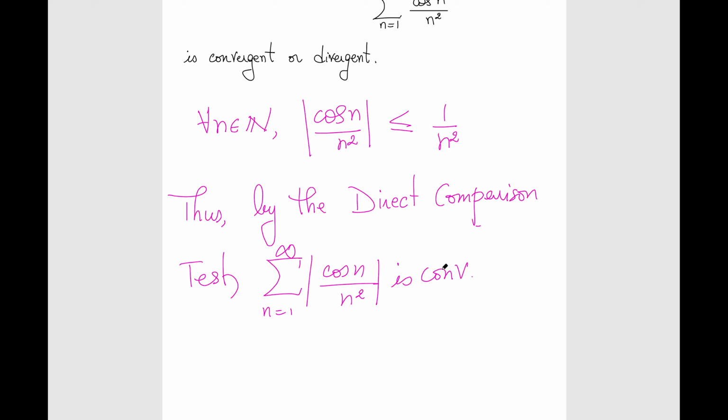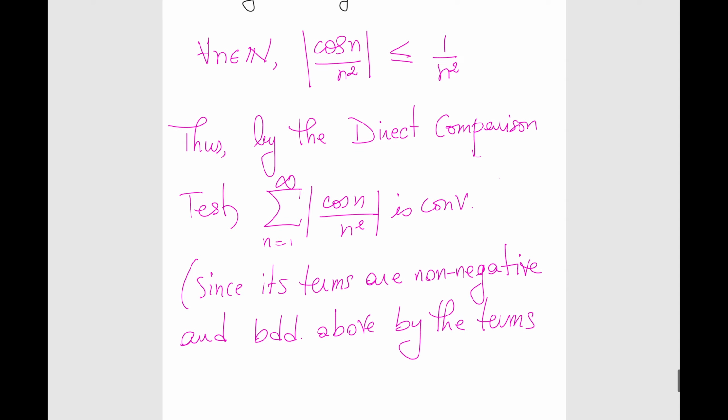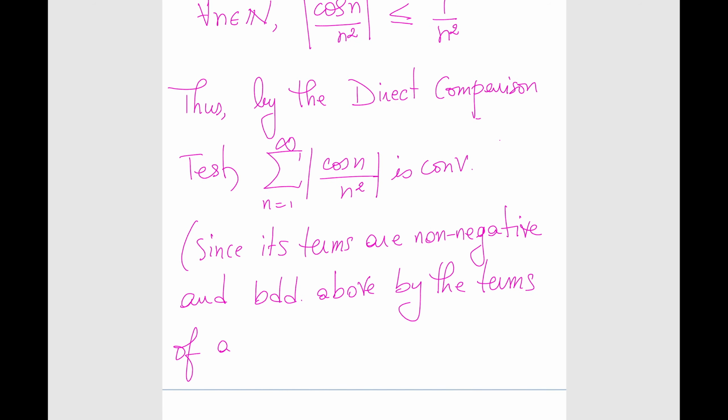So this is convergent since its terms are non-negative and dominated by, bounded above by, the terms of the series 1 over n squared, right?